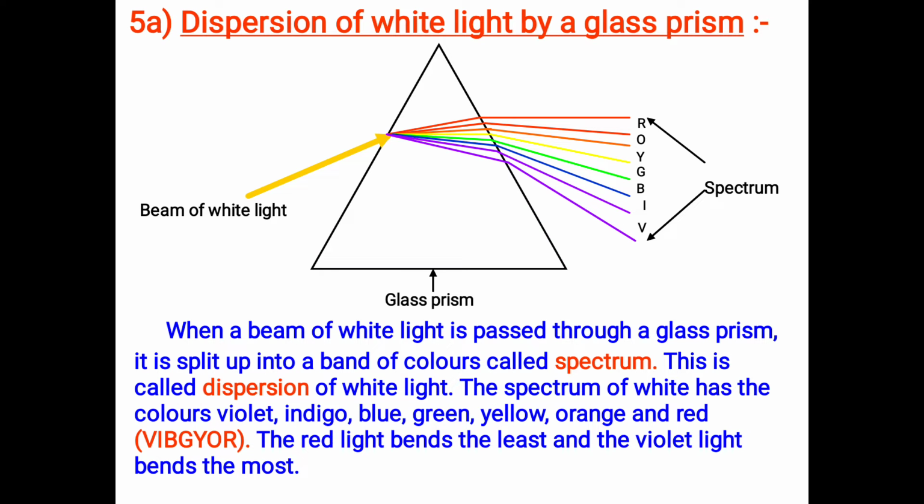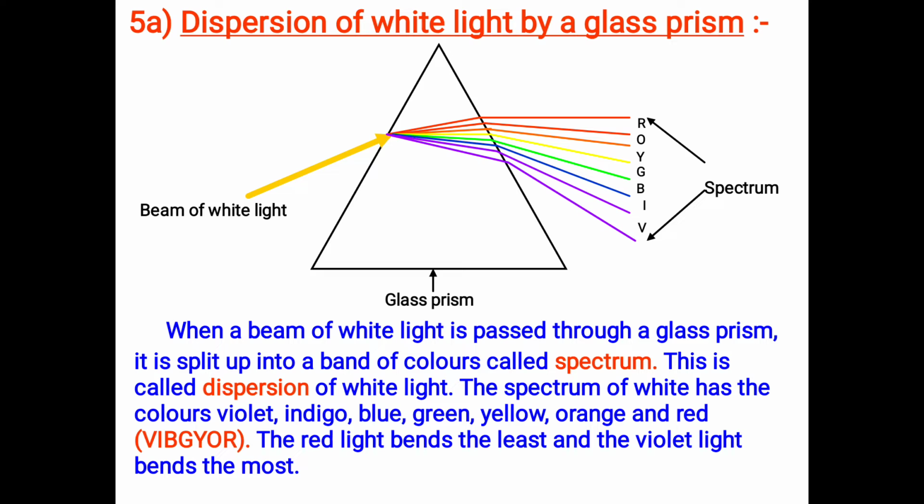Now, the dispersion of white light by a glass prism produces the VIBGYOR colors from a beam of white light incident on a glass prism with a 60 degree angle of prism. When a beam of white light passes through a glass prism, it splits up into a band of colors called a spectrum.